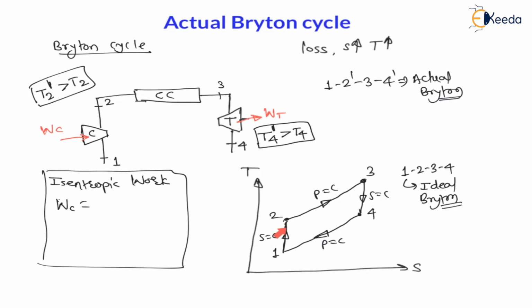Now the compressor is 1 to 2, therefore the isentropic work of the compressor is m cp (T2 minus T1). Again, the isentropic work of the turbine. Turbine is 3 to 4. Therefore the work of the turbine, in reversible adiabatic condition, will be m cp (T3 minus T4).